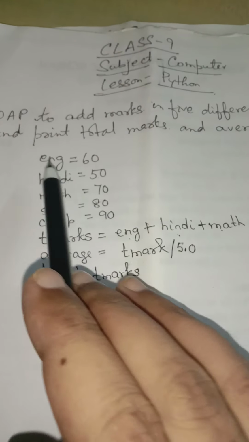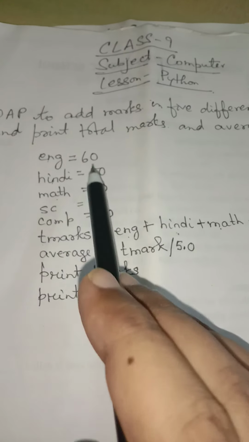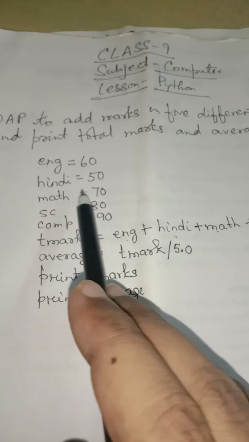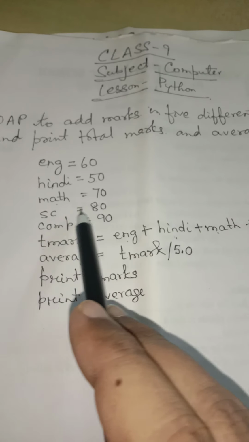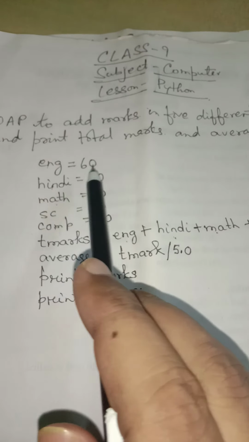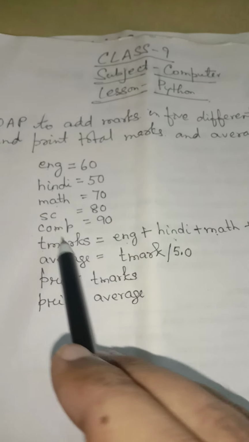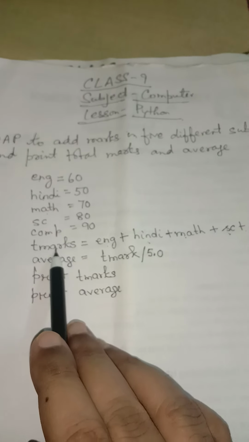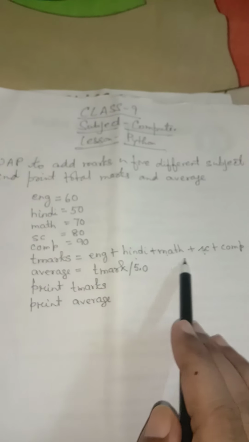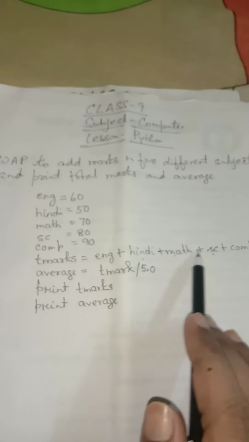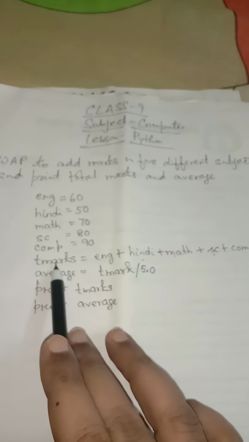So these are the 5 different variables. English is equal to 60, Hindi is equal to 50, math is equal to 70, science is equal to 80, computer is equal to 90. These are the 5 variables and the 5 values that I assigned over here. So I have taken another variable of name total marks. I have added all the 5 variables over here, and the sum of these variables will be assigned to total marks.